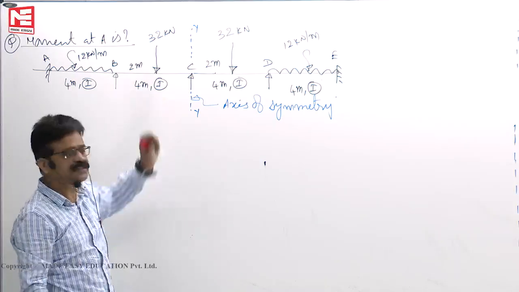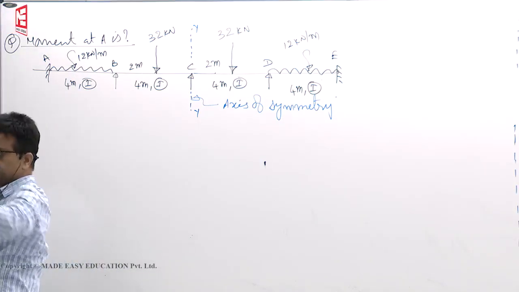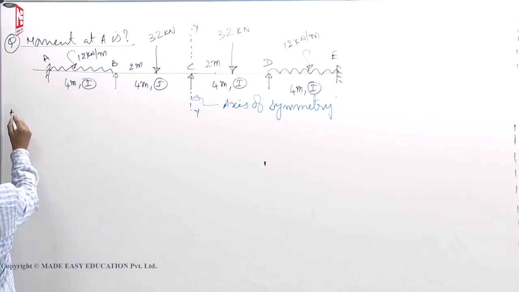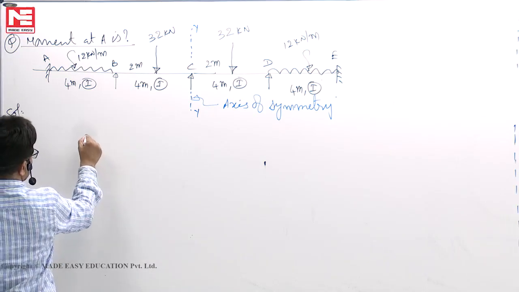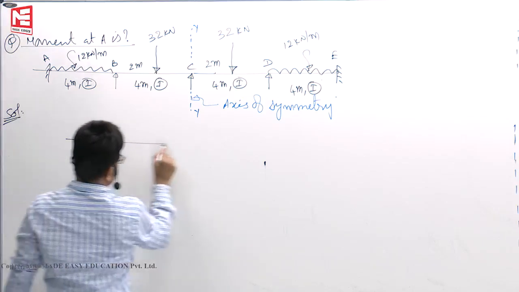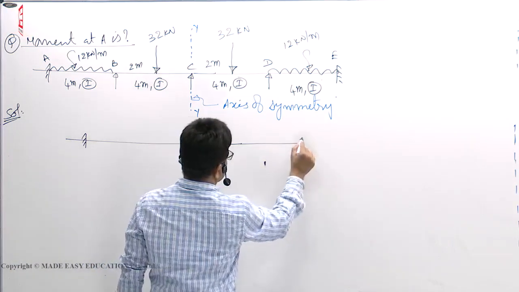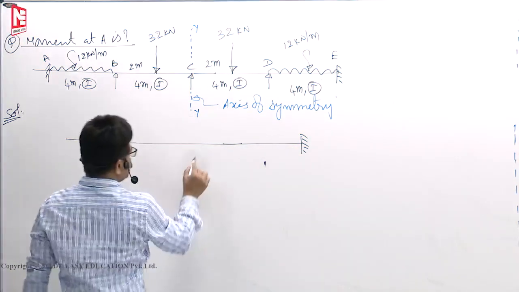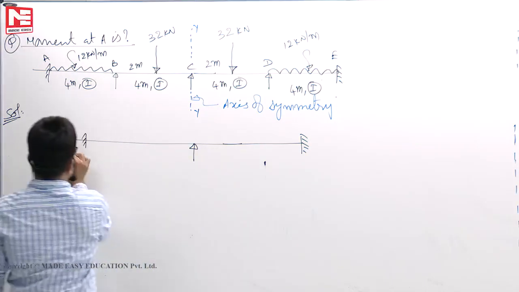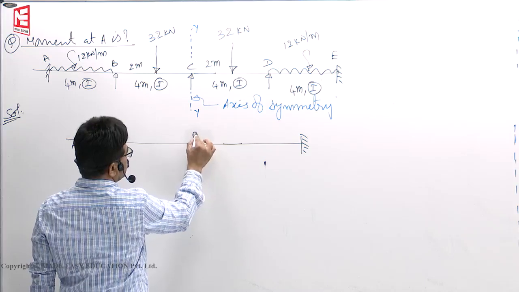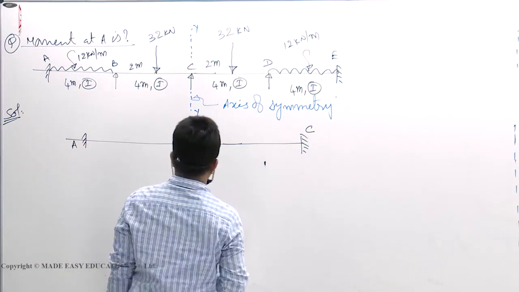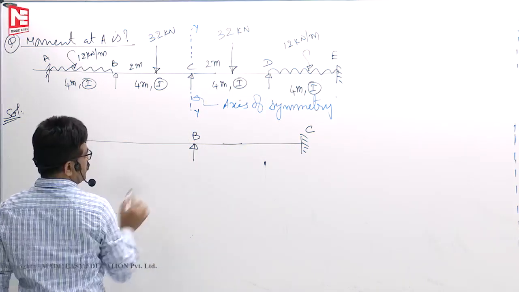So we don't want to change the relative values also. So your imaginary beam now looks like this. Okay. This point, let us say A, this is B, C, the actual support. Okay, this is your imaginary beam.